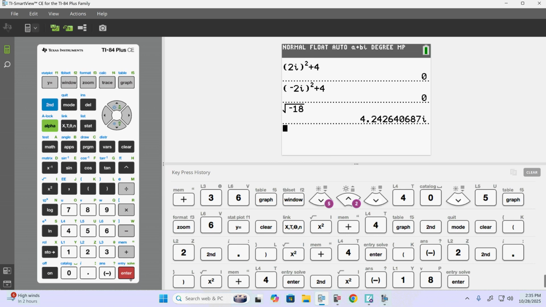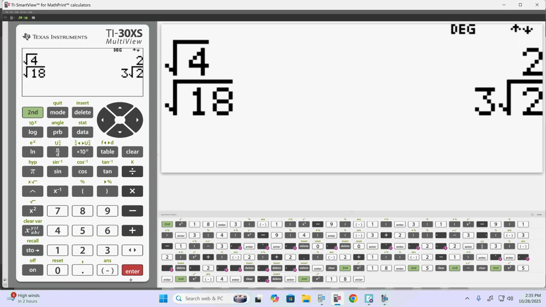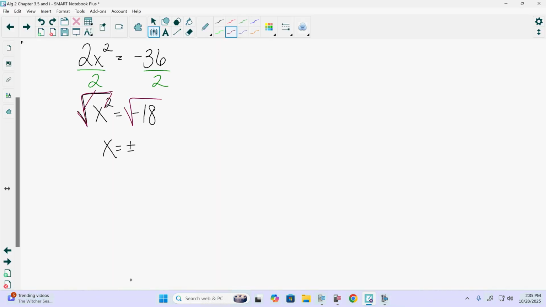So it says that the square root of 18 does not reduce nicely. Now the TI-30XS, as we can see here, can take the square root of 18. It just cannot take the square root of negative 18. But we know that the negative inside this radical is going to come out as what? I, yes?